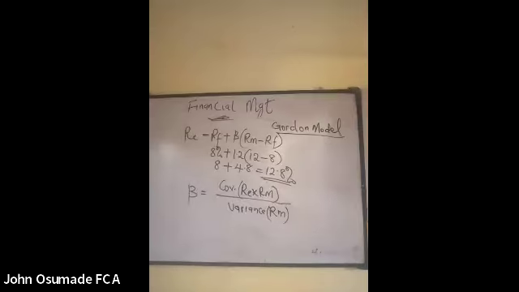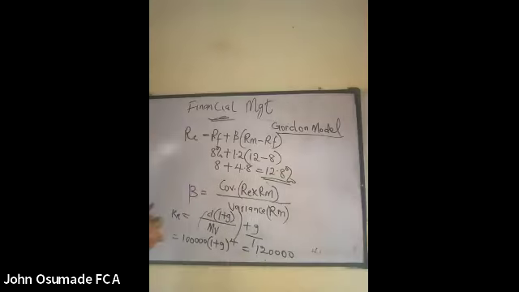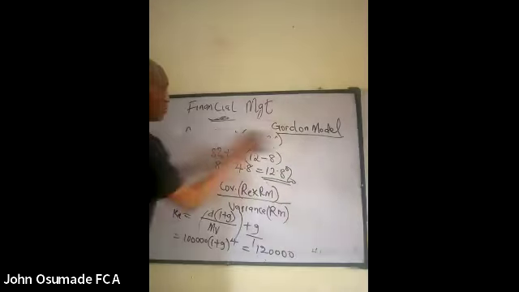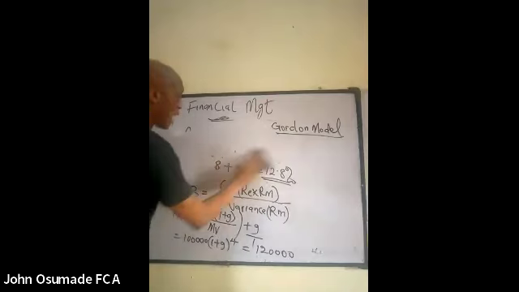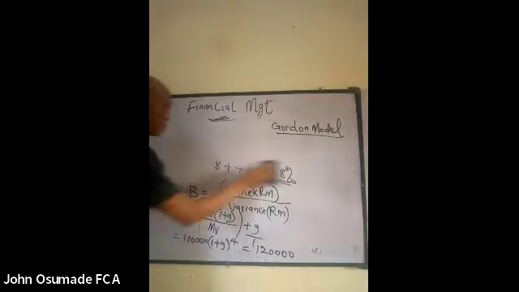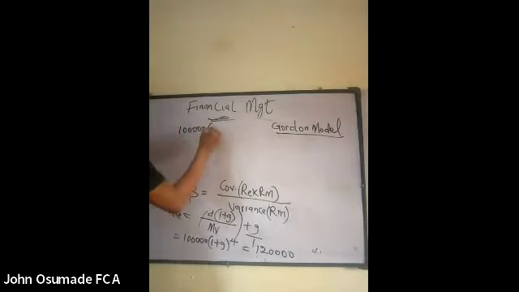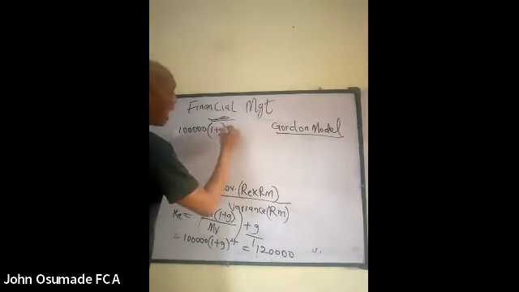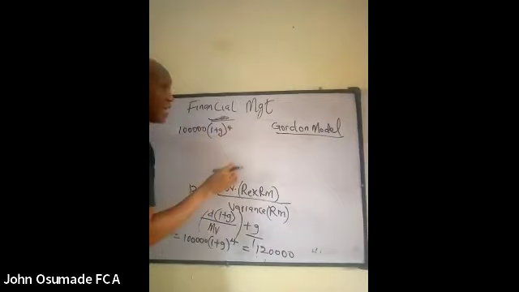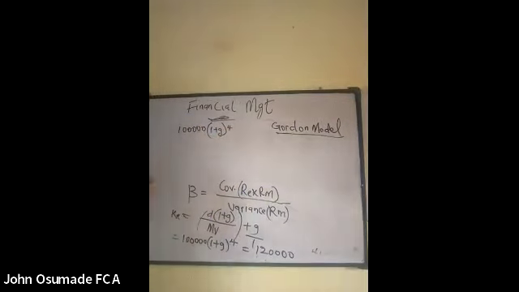So if you are equating year 2000 to look at 2004, you have 100,000 times 1 plus G raised to the power of 4, which is N minus 1.